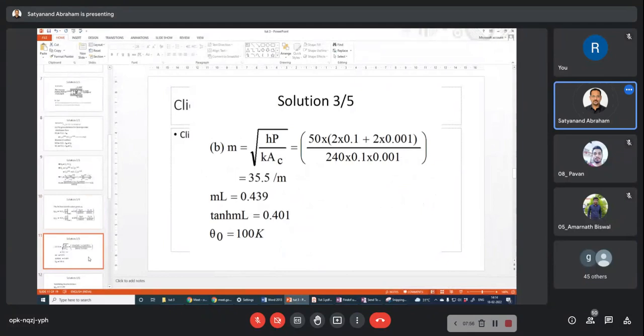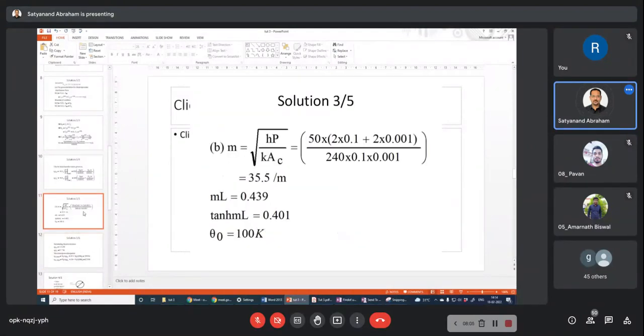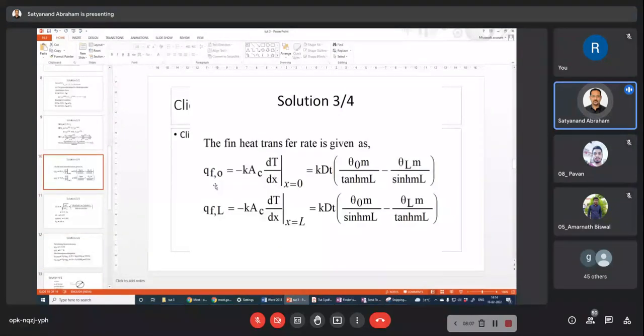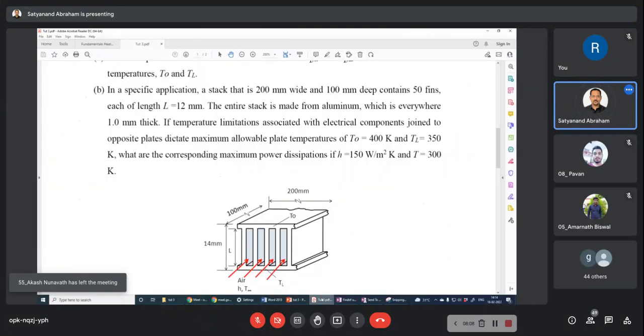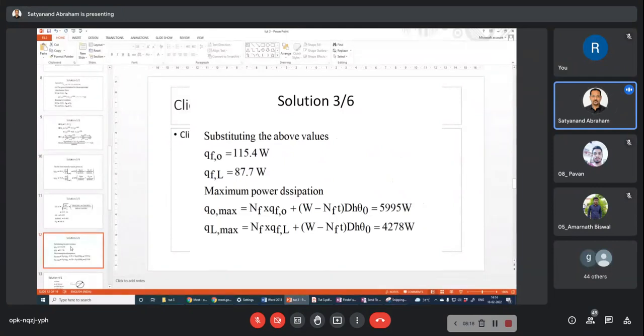Here it is given the total heat flux, QF0 and QFL, right? That is what is being asked: what are the corresponding maximum power dissipations. So what is the total power dissipated from the surface?